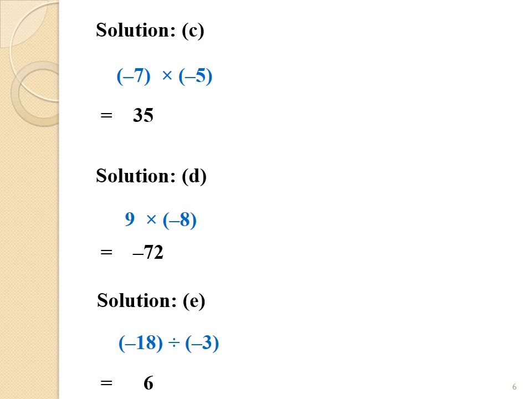Thus, minus 18 divided by minus 3 is 6. Students, we got the answer in positive as both dividend and divisor are of like sign. That is, both dividend and divisor are negative.